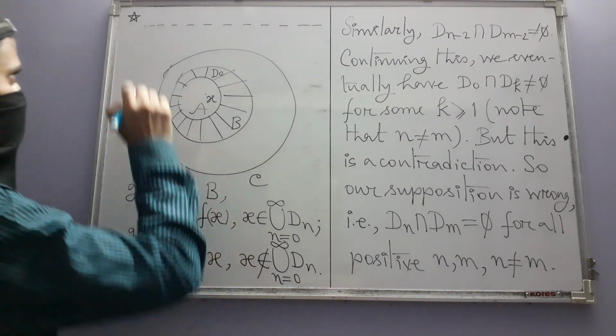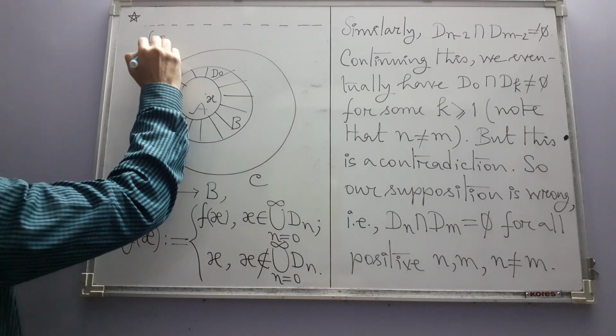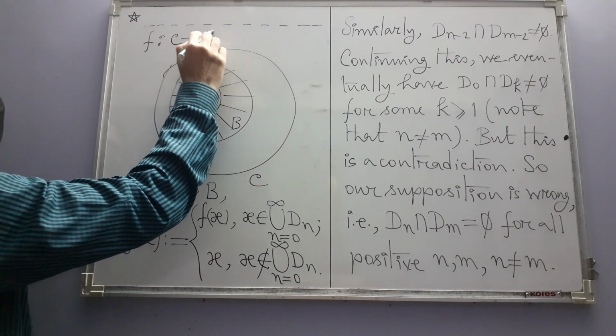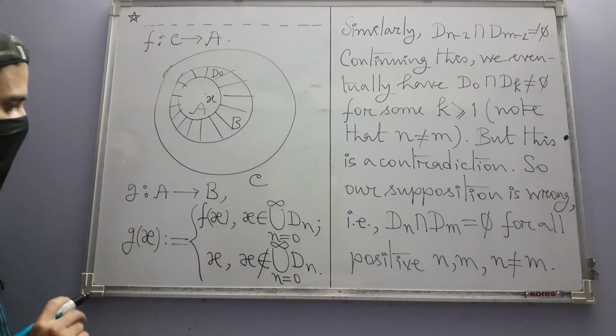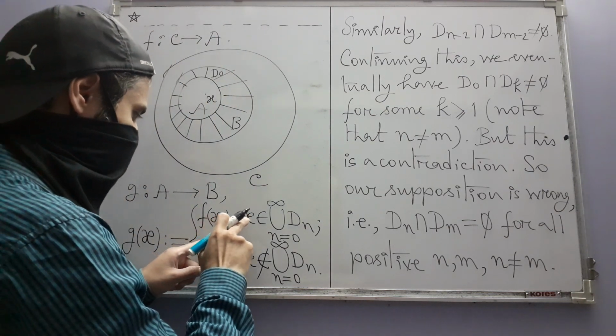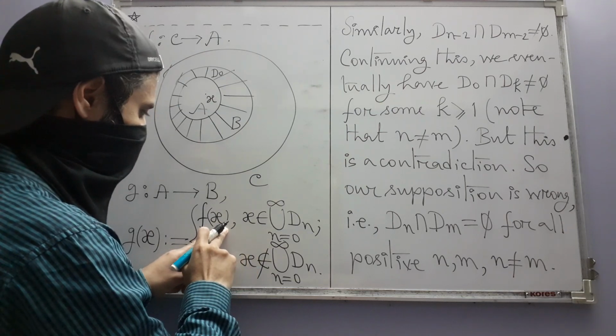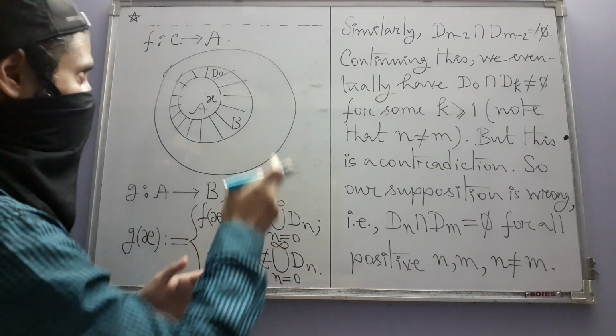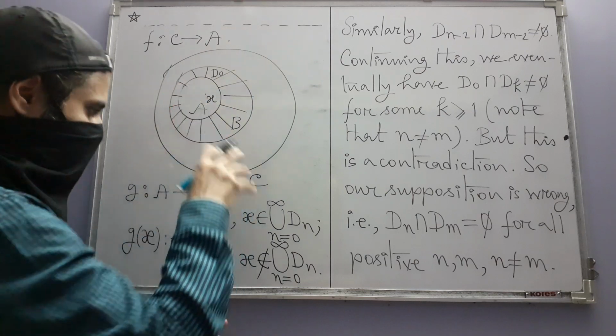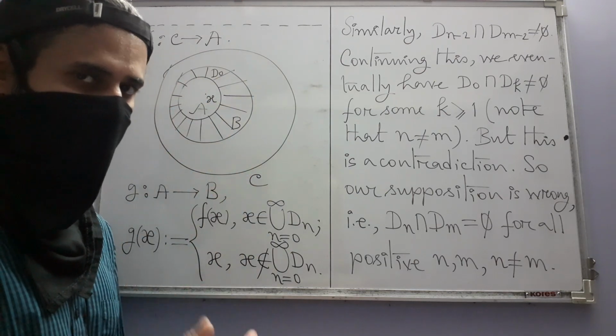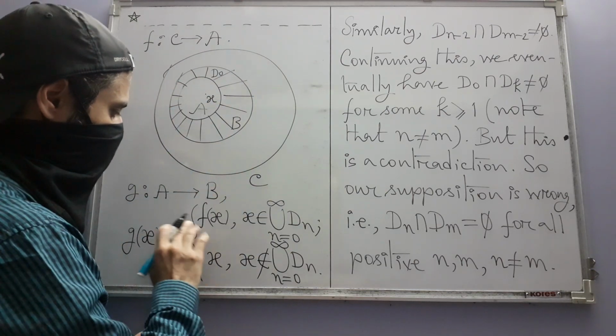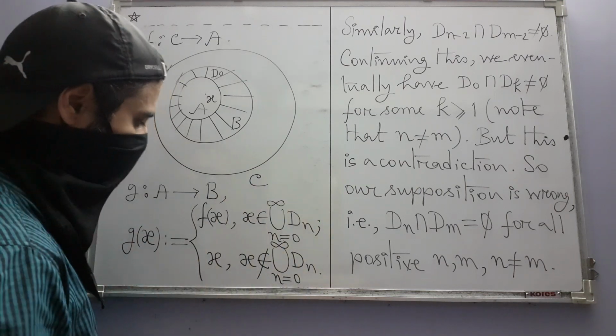What was f? Originally, f is a bijection from C into A. So for this x, f of x is a unique element in A and hence in B, because A is a subset of B. So there is no problem with this part.